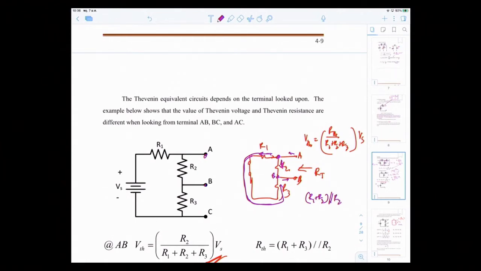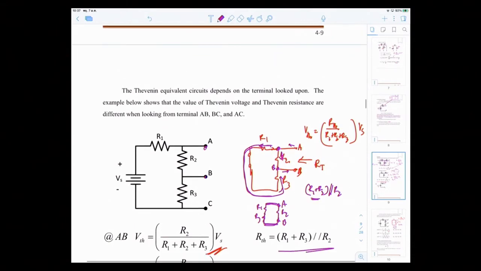See that? If you have A, B, this is R2, connected with A is R1, and R3, and the other node of R3 connected to point B. So therefore, R1 plus R3 is in parallel with R2. So this is the case.